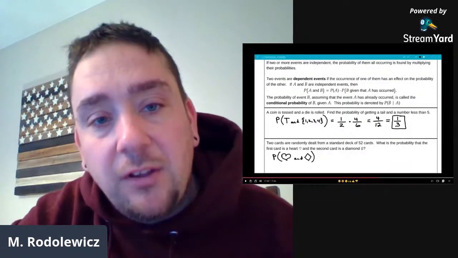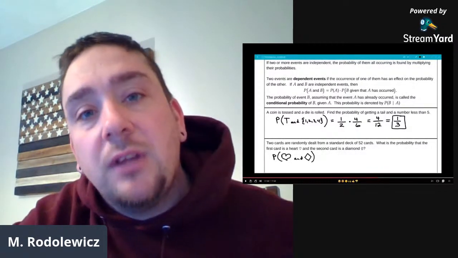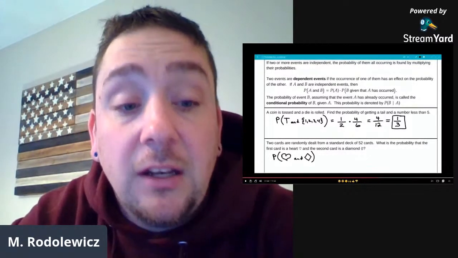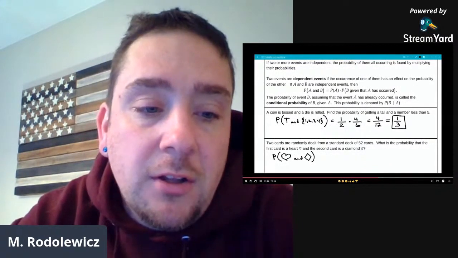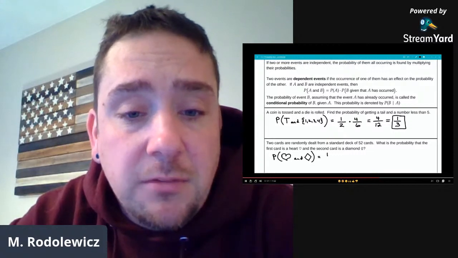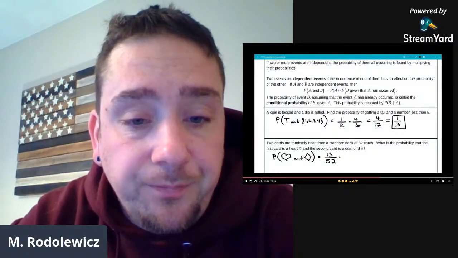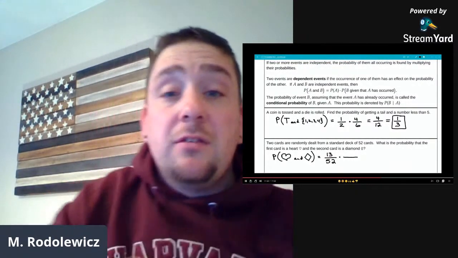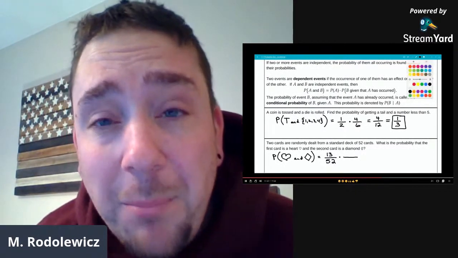So we're going to solve it. These are dependent events, and therefore we're going to calculate the conditional probability. So find the probability of getting a heart. That's 13 out of 52. Now, let's talk about this conditional probability.